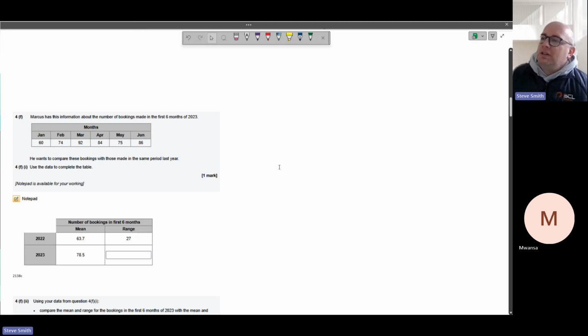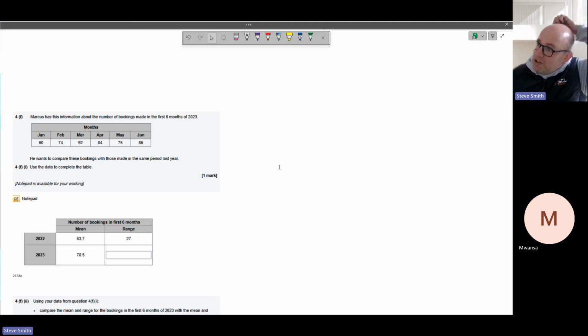Marcus has this information about the number of bookings made in the first 6 months of 2023. He wants to compare these bookings with those made in the same period last year. Use the data to complete the table. Okay, so straight away for 1 mark, we've got range. And at the start of the exam, when we wanted to get it all off our brain, we said that range was highest number, take away the lowest number.